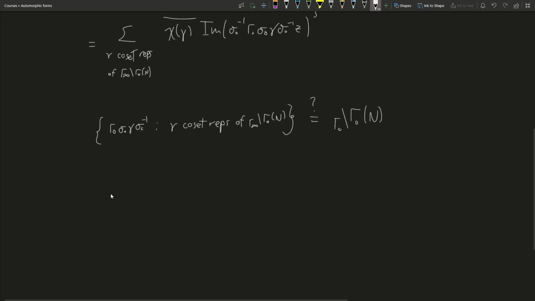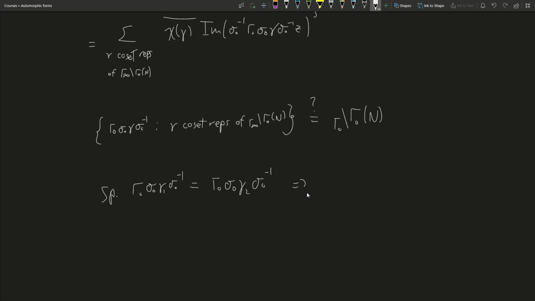So first, we're going to show that there's an injection. So suppose that gamma naught times sigma naught gamma 1 sigma naught inverse is equal to the set gamma naught sigma naught gamma 2 sigma naught inverse.